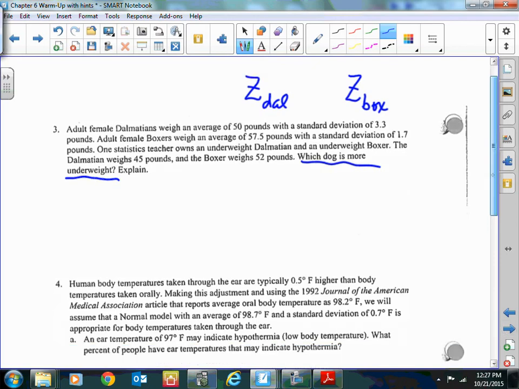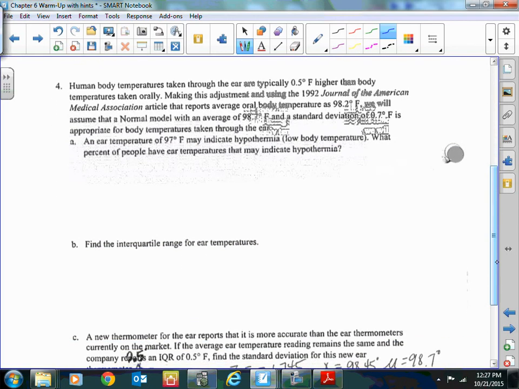Okay? And then here, number 4, you are finding a percent. What do you have to do when you find a percent or a proportion of observations? When you find probability, find the proportion of observations, when you find percentage, use norm CDF.